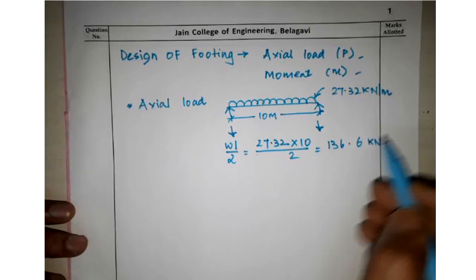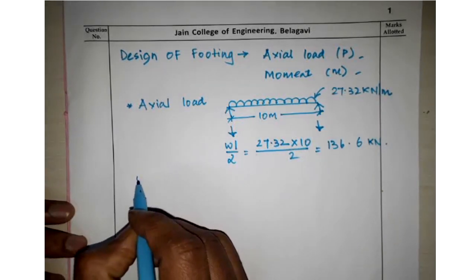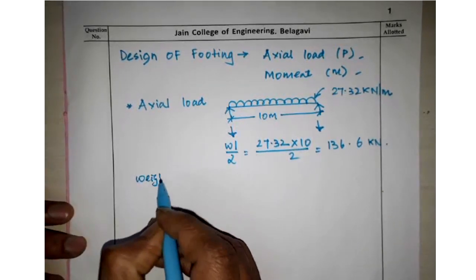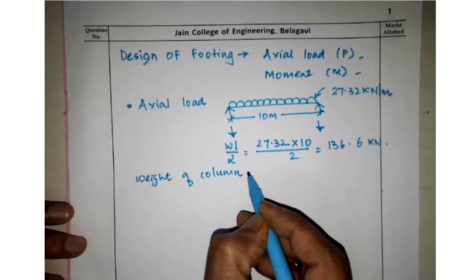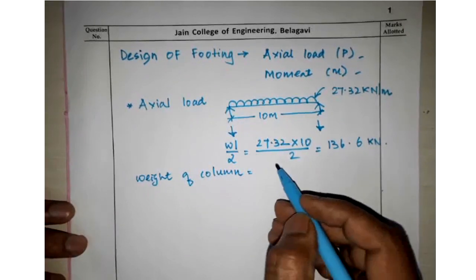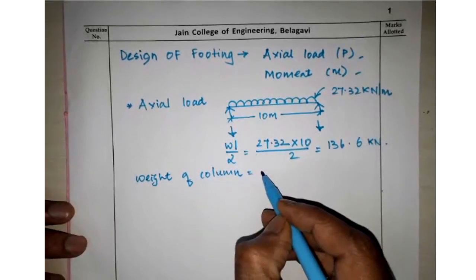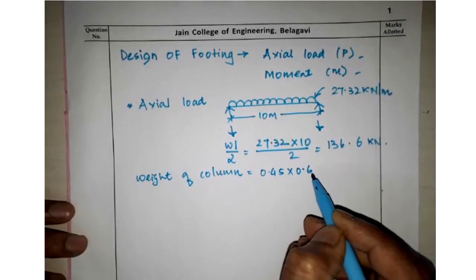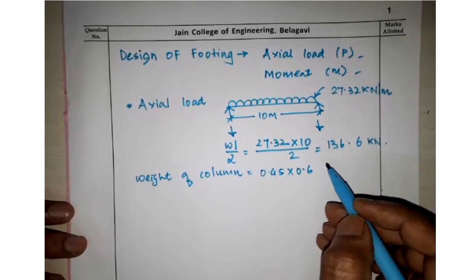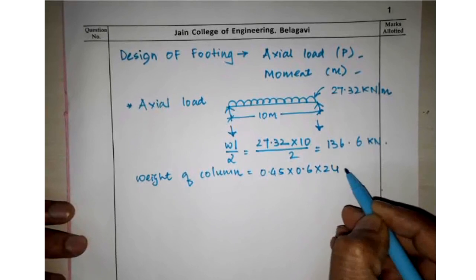Apart from this, we have the weight of the column also, so now we have to add it. For that we assume the size of column as 0.45 by 0.6, that is 600 by 450, which we assumed already, into 24 into the height of column.